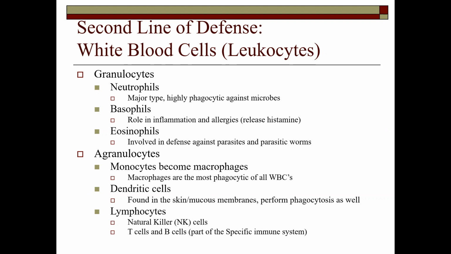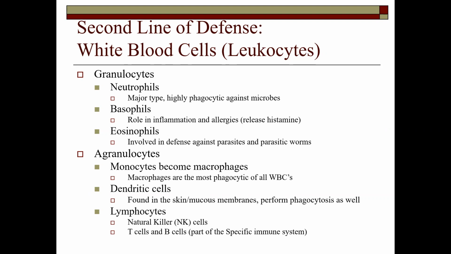So macrophages are by far the best white blood cell at phagocytosis. We also have dendritic cells, which are found mostly in the skin and mucous membranes, which also perform phagocytosis in a non-specific type way.